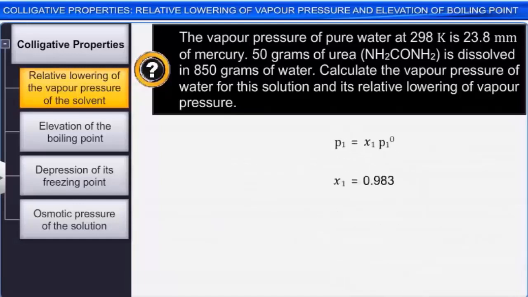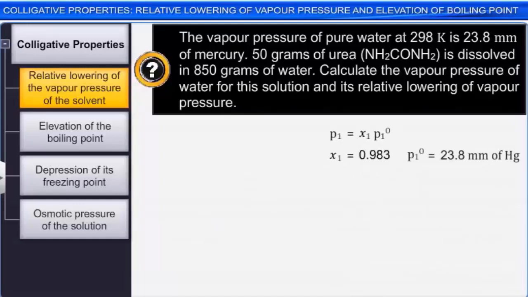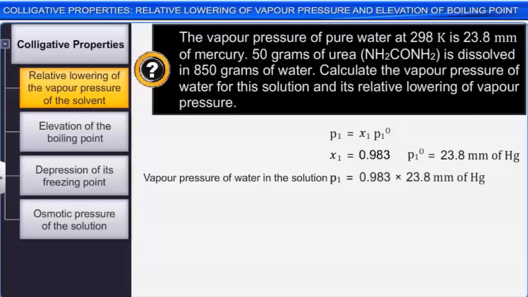Substituting this value of X1 in the expression, we get the vapor pressure of water for this solution, P1, is equal to 0.983 multiplied by 23.8, which is equal to 23.395 millimeter.